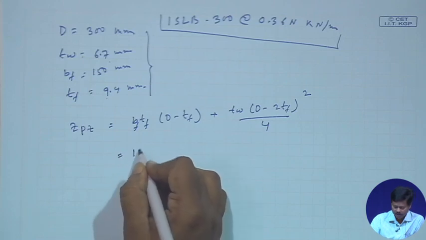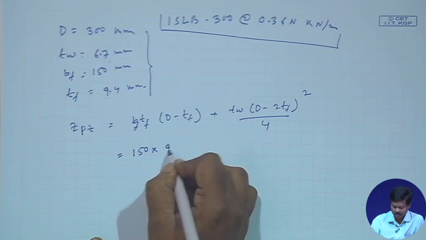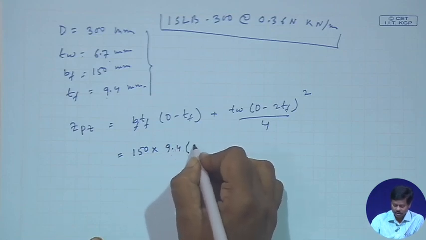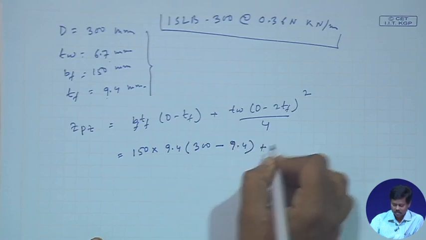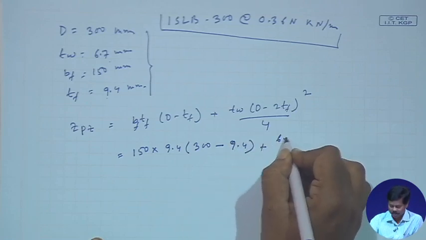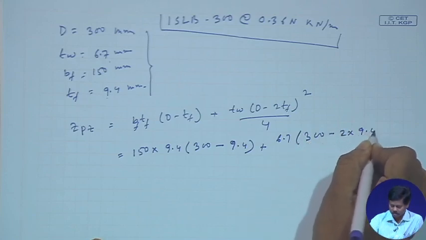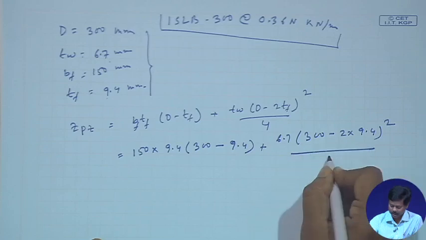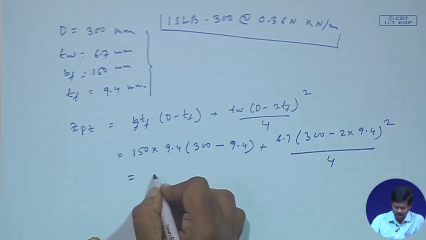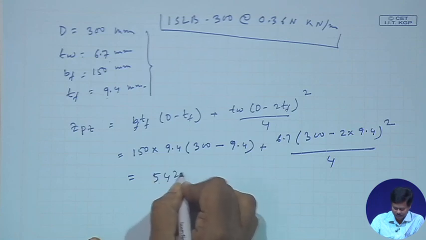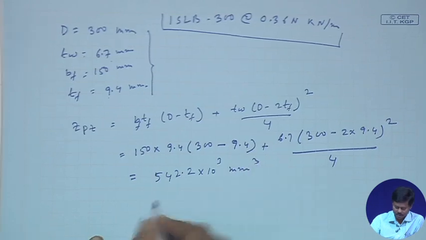So, putting the value B f as 150 and T f as 9.4, d as 300, T w as 6.7, and after calculating we could find Z p z as 542.2 into 10 cube millimeter cube.